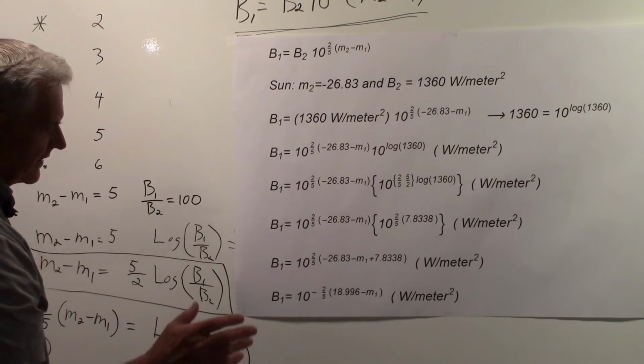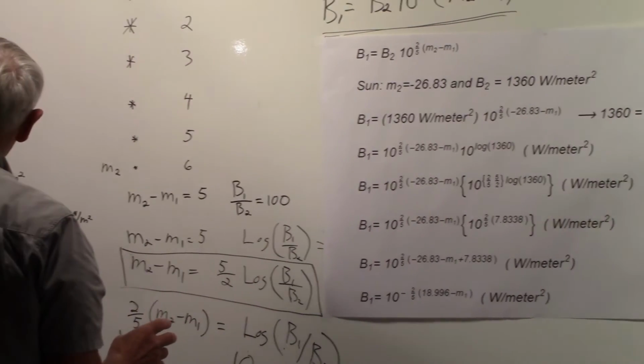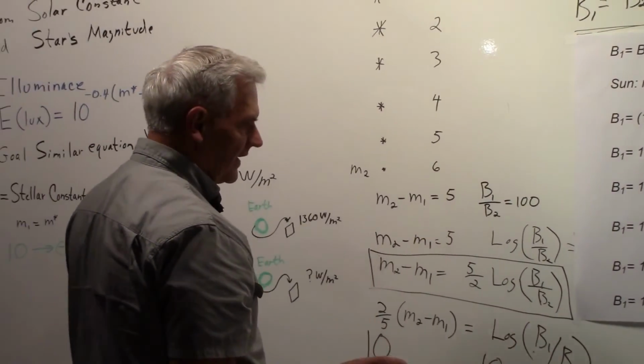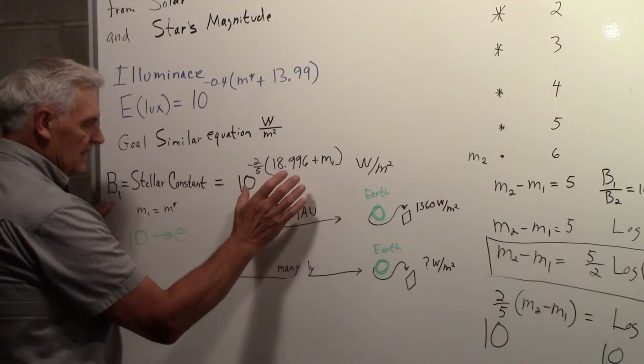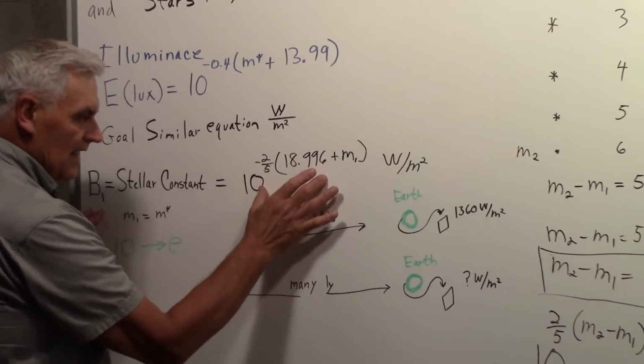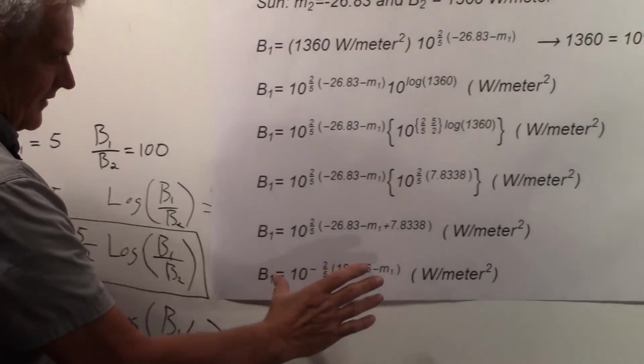So that is the equation that we were trying to get. It's the one that I showed you over here. So if we come back over here, this is the equation we wanted to get, and here it is right here.